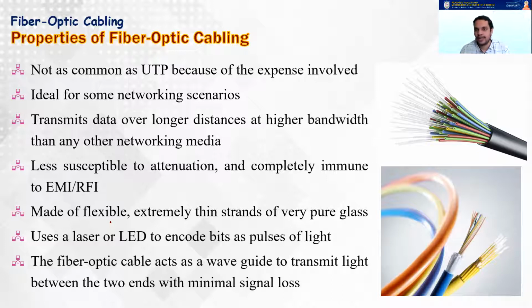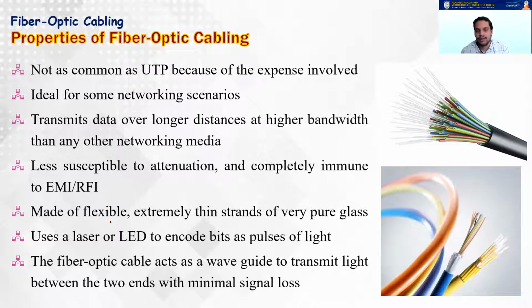UTP installation is very easy, anybody with basic networking knowledge can do it, but working with optical fiber requires expertise and skillful engineers. But optical fiber's main advantage is the amount of bandwidth that it can support. Theoretically, it can support up to Tbps, but we don't have it yet.